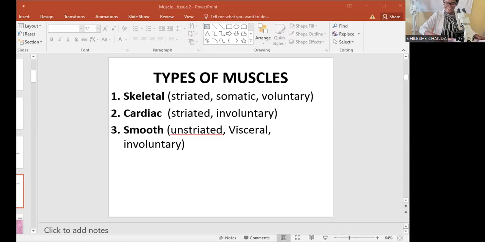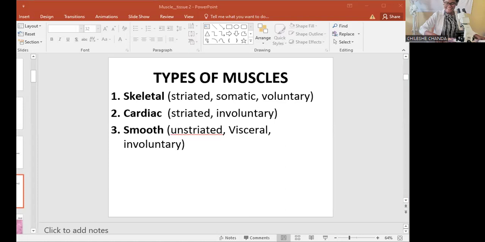Now, skeletal muscle is striated. That is according to the microscopic appearance. Skeletal muscle is striated. According to location, it is somatic, meaning it is found on the body wall, and it is voluntary, meaning you can use it as you please.